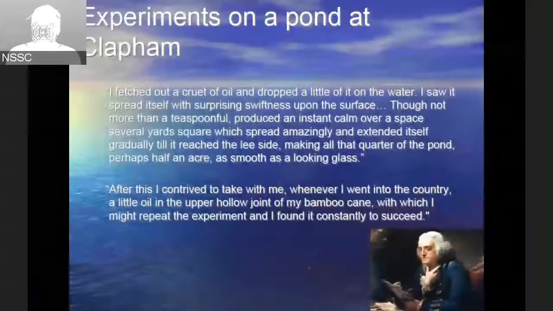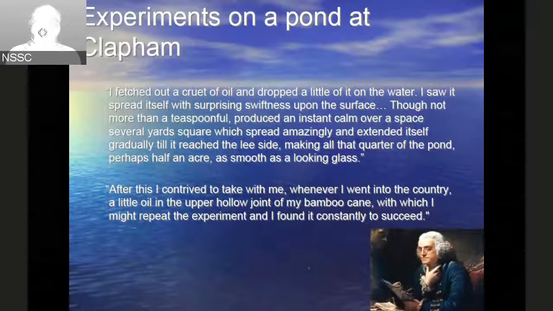He took like a thimbleful of oil, mineral oil, went to a pond, and dropped the oil on the pond, and the oil spread out into an oil slick, but at some point it stopped. And he said, oh, it's about half an acre. He said that's a teaspoonful, so you can estimate what a teaspoonful is. Pick a number, it might be a cubic centimeter or something like that.